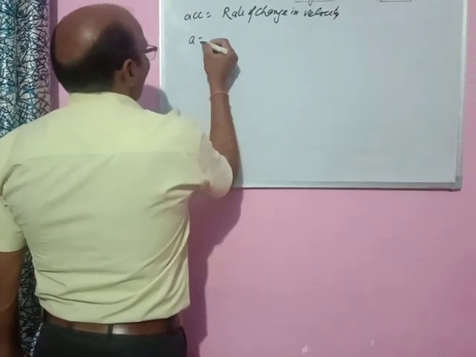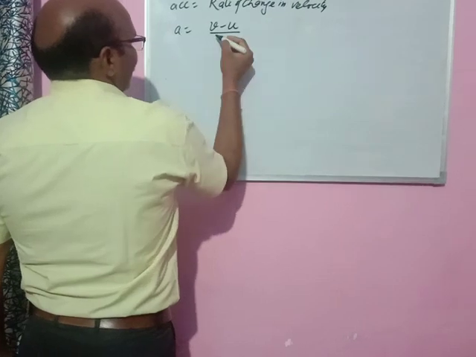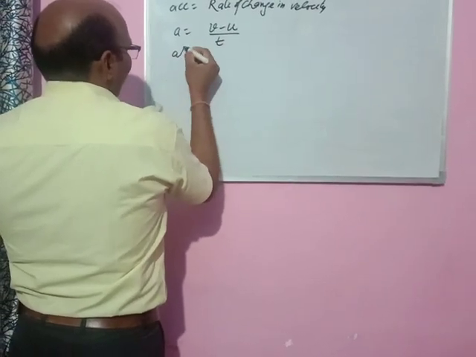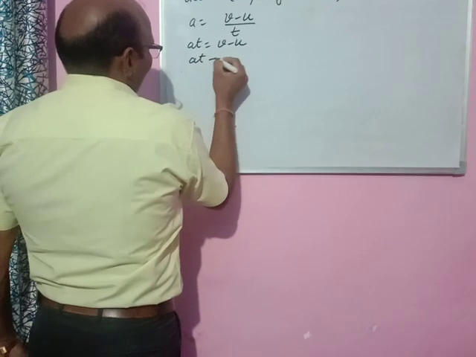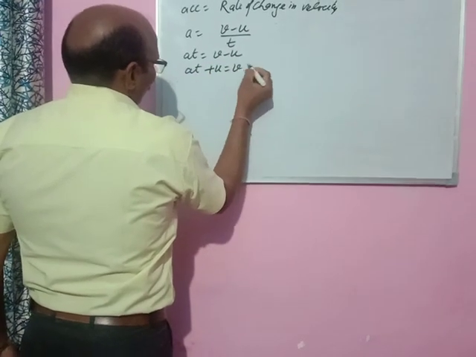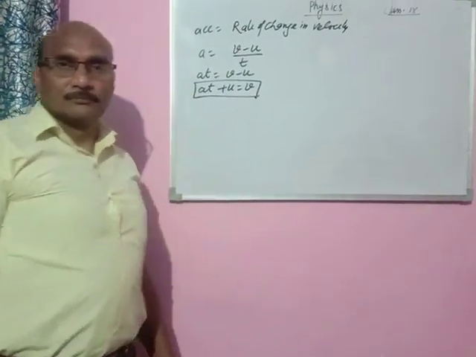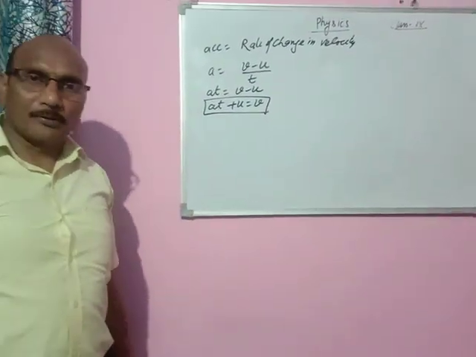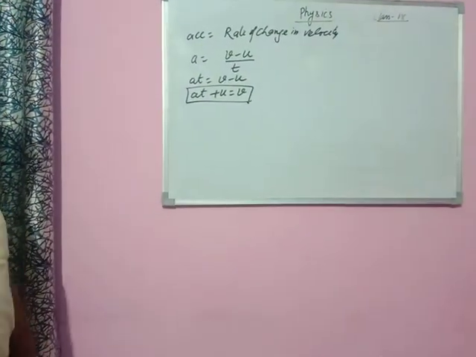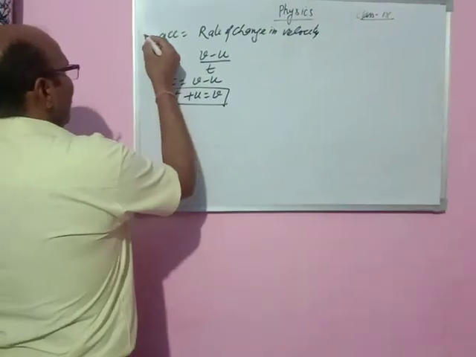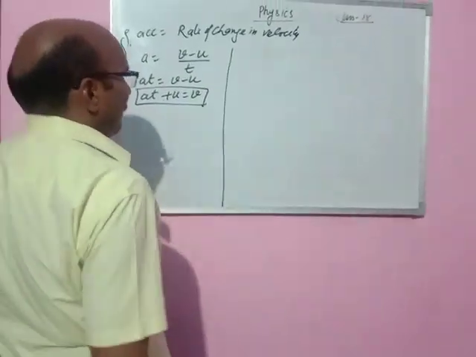So a equals change in velocity, v minus u, upon time t, or at equals v minus u, or at plus u equals v. The first equation of motion is derived. Okay. Now let's come to the second equation of motion.